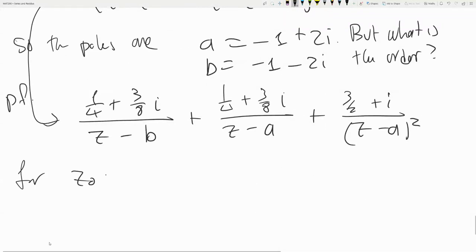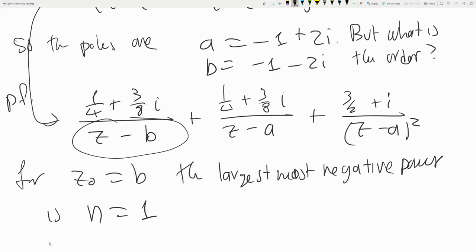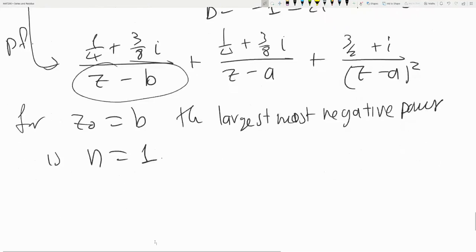For z naught equal to b, the largest, most negative power is n equal 1, right? So there is no other negative power for z minus b.